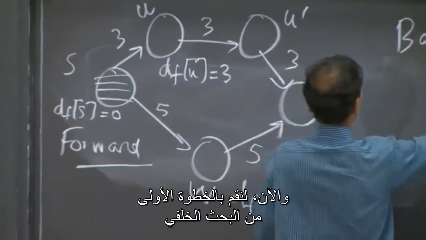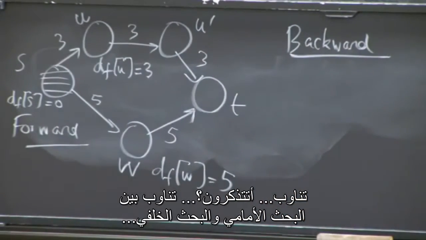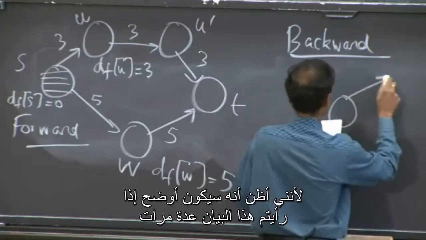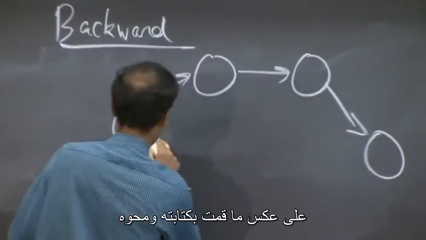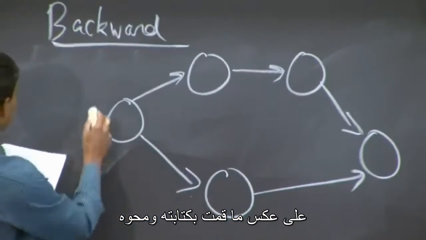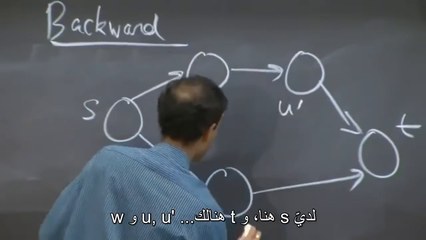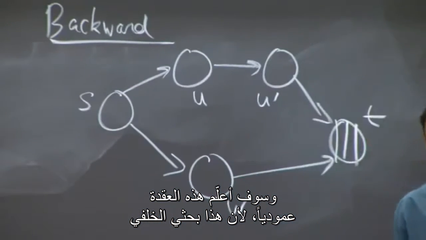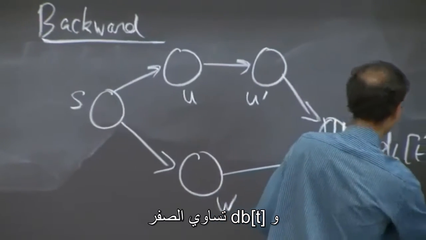Now, let's do the first step of backward search. Alternate, remember? Forward search, backward search, forward search, backward search. I'm going to write this out again, so bear with me, because I think it'll be clear if you see this graph many times, as opposed to my erasing what I've written. So I got S here, T there, U, U prime, W. I'm going to hash this vertex vertically, because that's my backward search. dB of T equals 0.